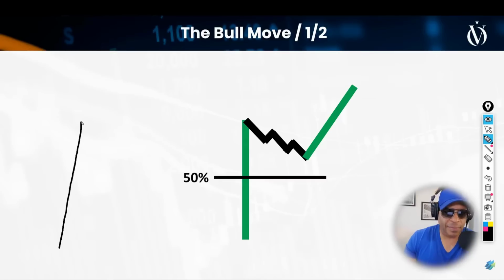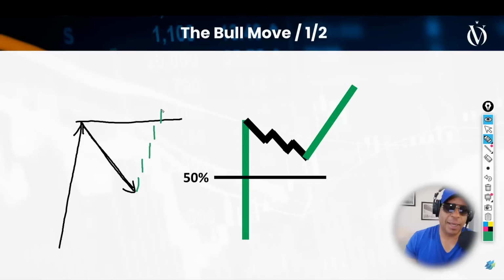If the stock drops here, stock runs up, then drops here. To make a new high, my stock now has to travel, and now make the new high.